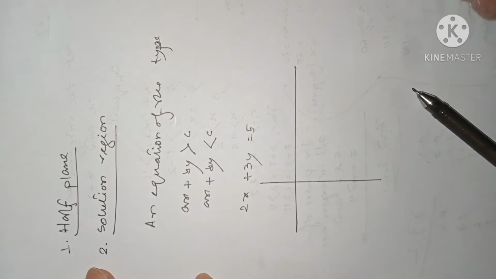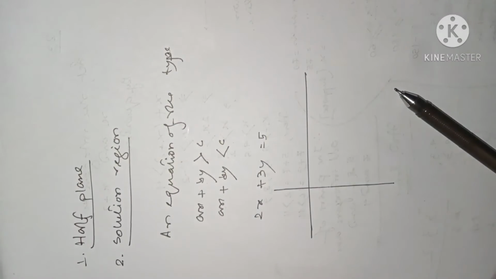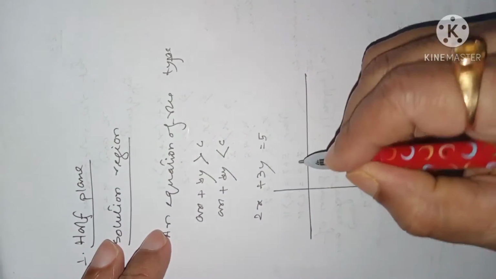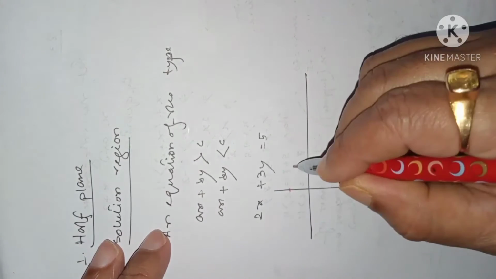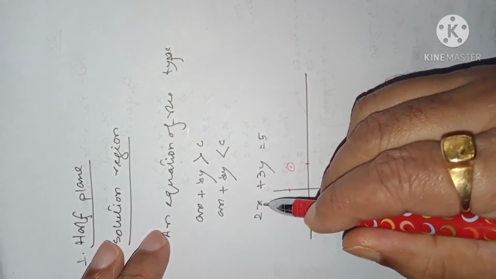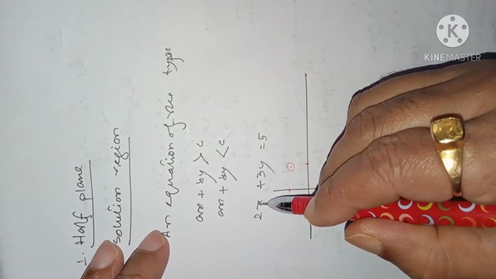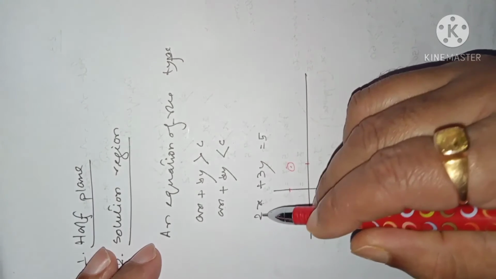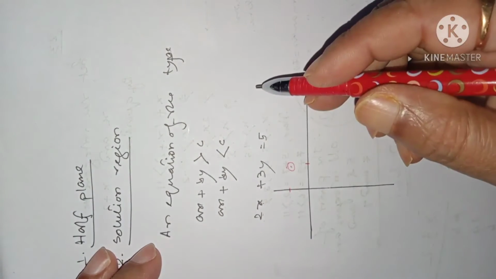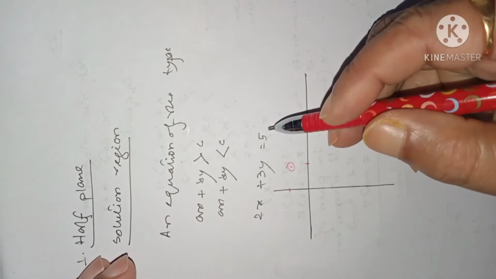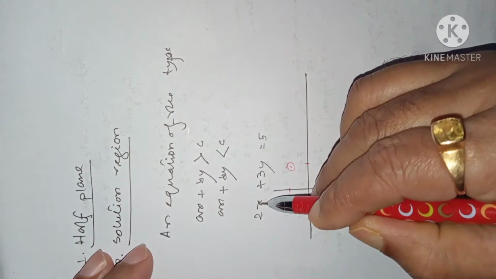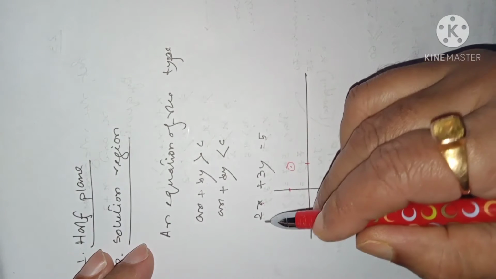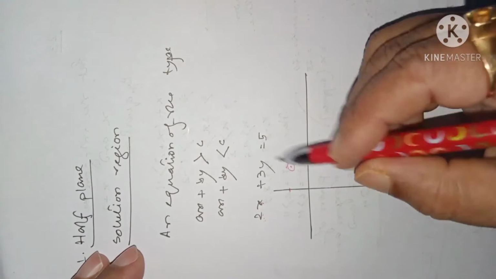Solutions of this equation: suppose I take x equal to -1, then 2 times -1 is -2, so 3y is 7. Or suppose I take x equal to -2, then 3y equals 9, so y will be 3. So we get solutions.